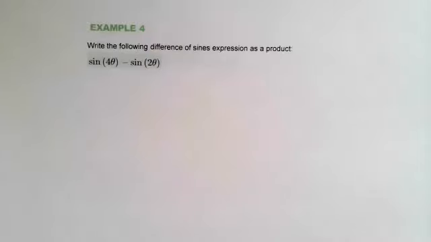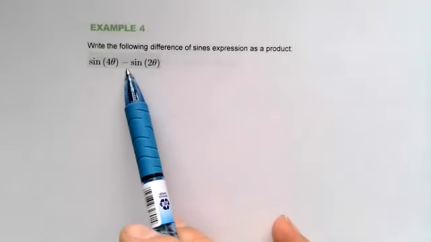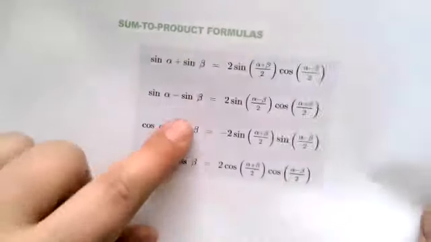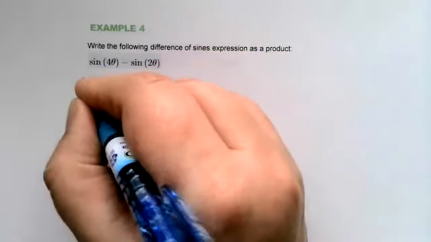Our first example using the formulas is the sine of 4 theta minus sine of 2 theta. It's straightforward applying the formulas, so I'm going to go ahead and write it out.